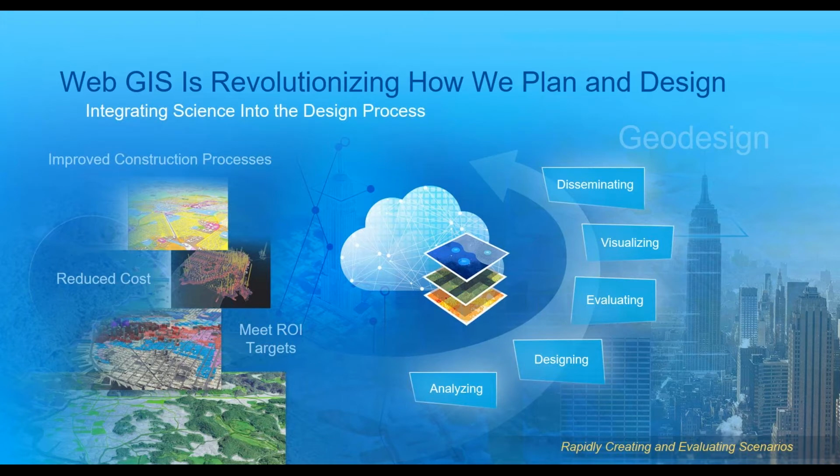So being able to take a list of addresses, bring them into the GIS and have the GIS plan out what those routes would be automatically, instead of taking a long time to figure out how to connect it all up using maybe a paper map method. Then with those automation tools, being able to evaluate multiple designs.